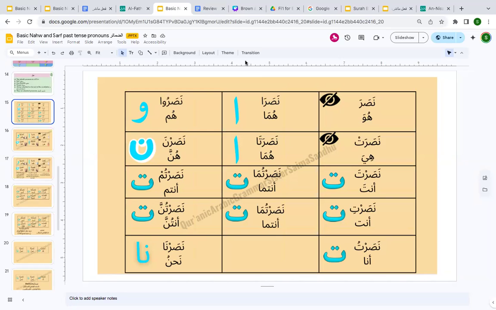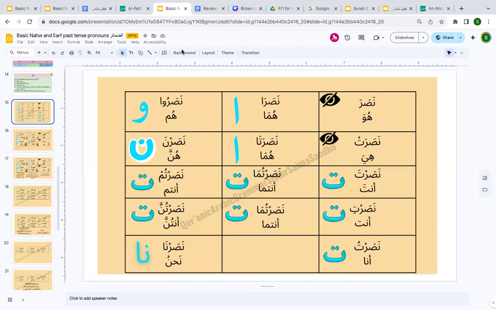Are you able to identify the pronoun in all these 6 words? Yes. Alhamdulillah. So when you see Nasara, Nasarat, you are able to say that these are hidden. But when you see Nasara or Nasarata, Alif is the pronoun. In the word Nasaru or Nasarna, Waw and Noon are the pronoun. Right? Alhamdulillah.